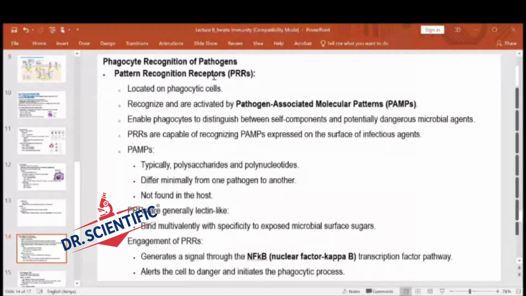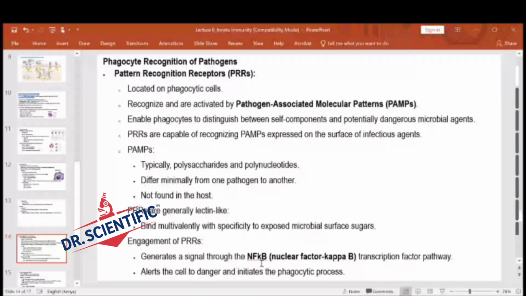What happens is that these receptors, of course, the work of receptors is to bind ligands. Ligands are these PAMPs, so they're able to bind them. Once PRRs are bound to PAMPs, there is a cascade that is initiated.